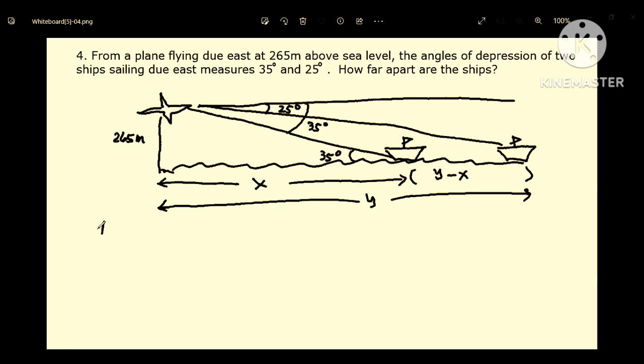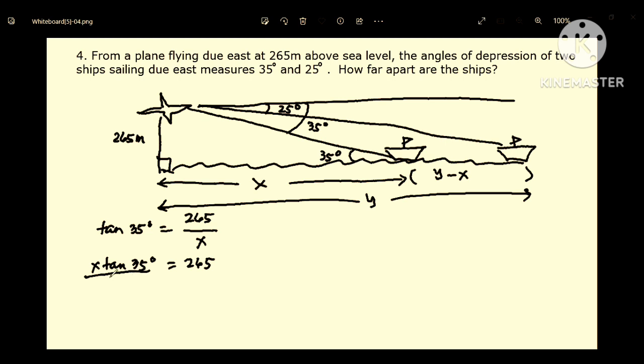So we have tan 35 is equal to 265, the opposite side, over the adjacent side, which is x, no? Oh, take note na, we are using the smaller triangle first, no? Dito muna tayo sa smaller triangle to solve for x. So, again, by cross multiplying, we have x tan 35 is equal to 265.